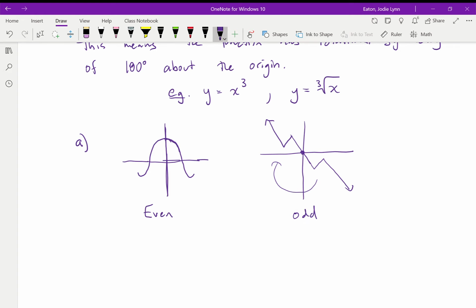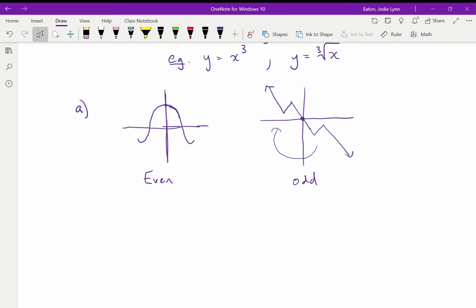Okay, and please do note, most functions are neither even nor odd. Domain and range, which we looked at in our last lesson, are something every function has to have. Every function has to have a domain, every function has to have a range.